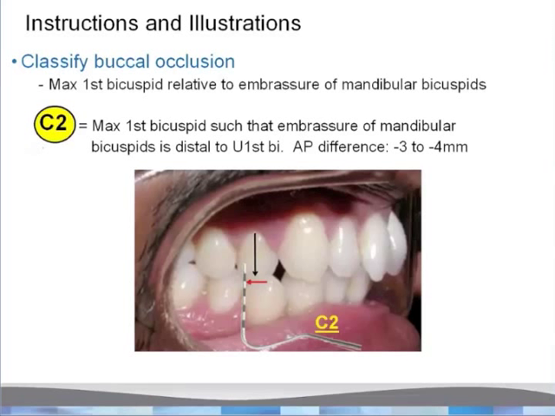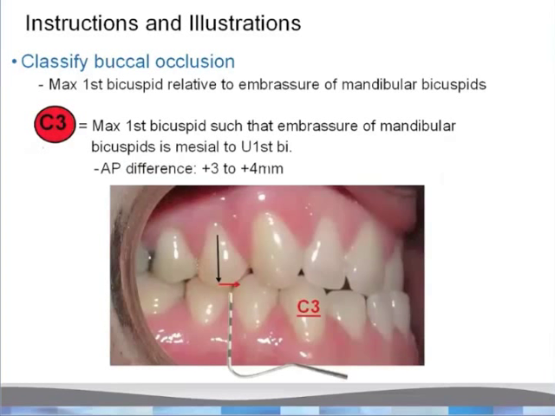And you're going to have an AP difference of a negative 3 to 4 millimeters in determining a Class 2 relationship. Conversely, if that embrasure space is forward of the upper first bicuspid, that would be a Class 3, where the mandibular teeth are advanced forward of the maxilla.